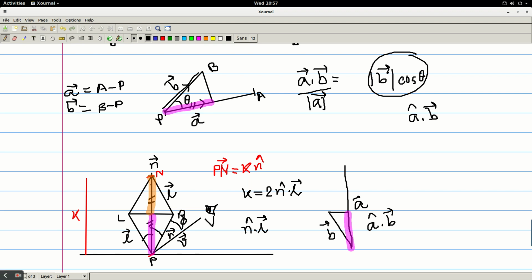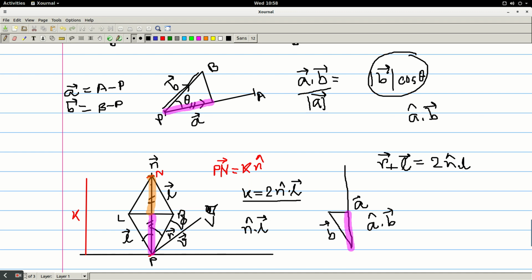The entire length from bottom to top is 2 times this thing, and one of this is N hat L. So once you know this thing, we can say that R plus L is a vector that goes from here to there, and that's 2 times N hat L dot, that's the length.